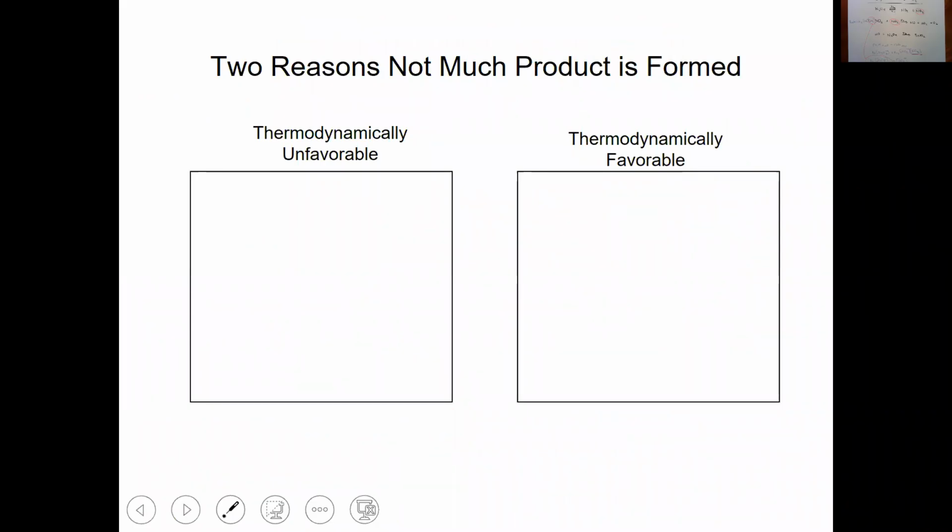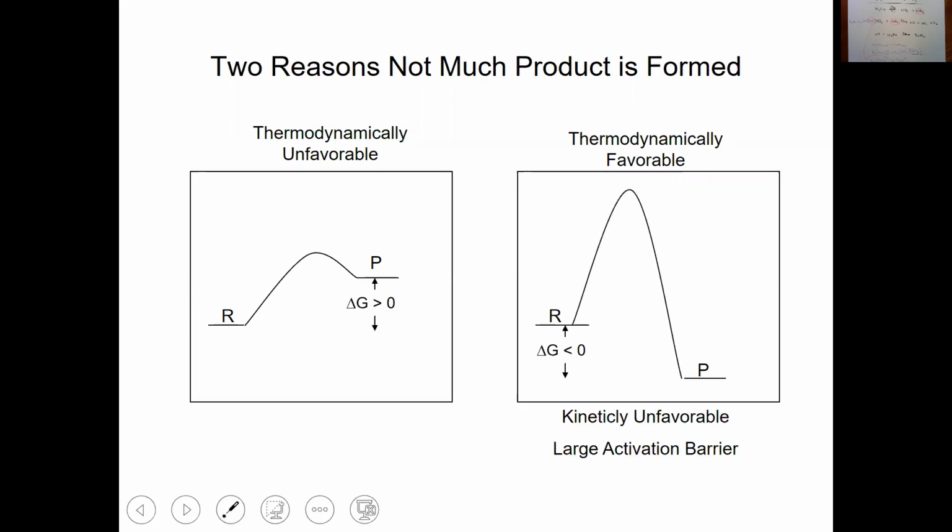So when talking about reactions, we have said not all of them are spontaneous. Not all of them form products. There are two main reasons why product may not be formed or not much product is formed. Either it's thermodynamically unfavorable, as in it gives you a positive delta G, and positive delta G is non-spontaneous, or it can be thermodynamically favorable, so it gives you a negative delta G, but the activation barrier is so high that it's kinetically unfavorable.